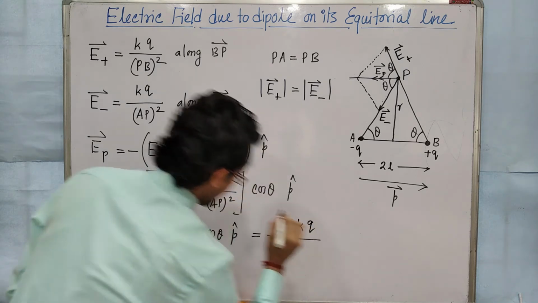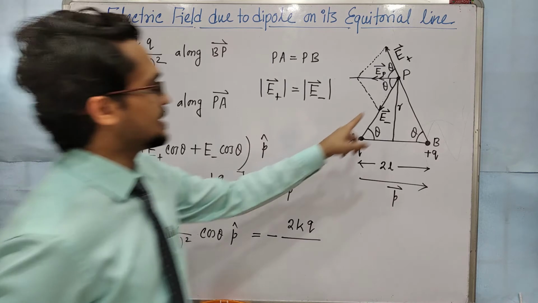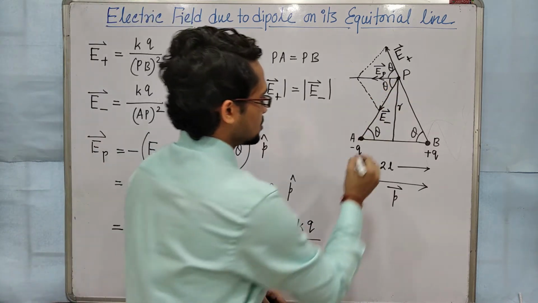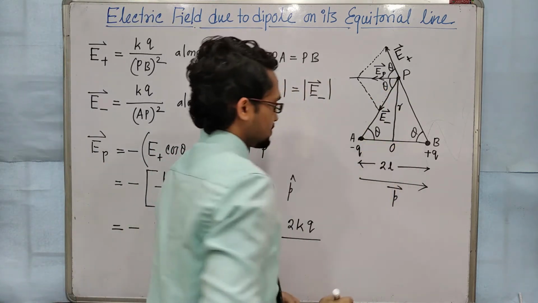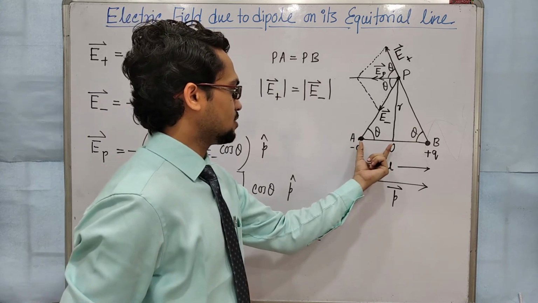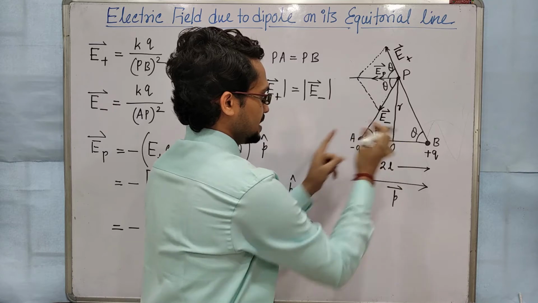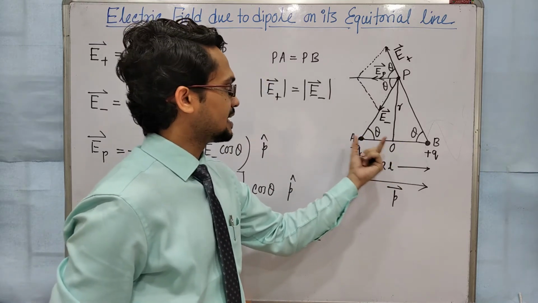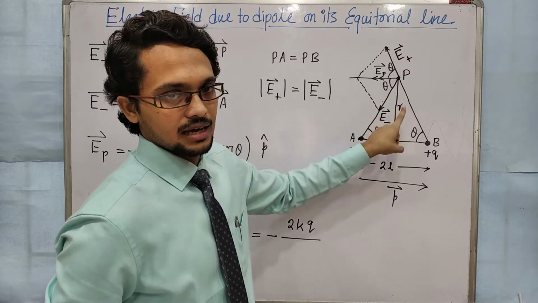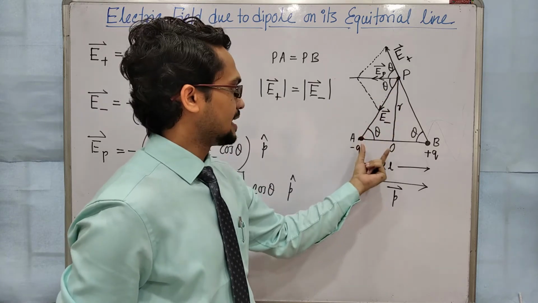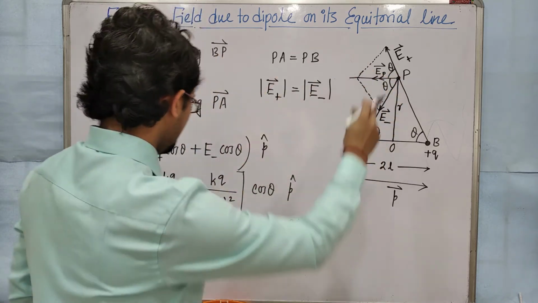KQ by, now what is PA? Suppose this is O, so we know AO, total length is 2L, O is the midpoint, so AO is L and OP is R. Both are known quantities, L and R. We have to find PA.